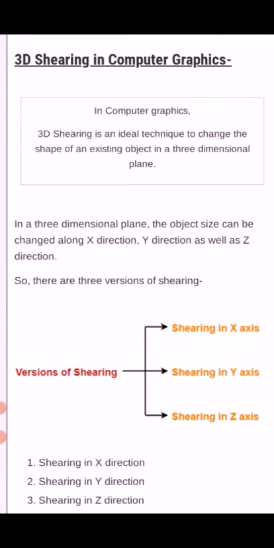Then it is called shearing. For example, this picture represents shear. The original object is P and the P dash object is the sheared object. So this is an example of shear.